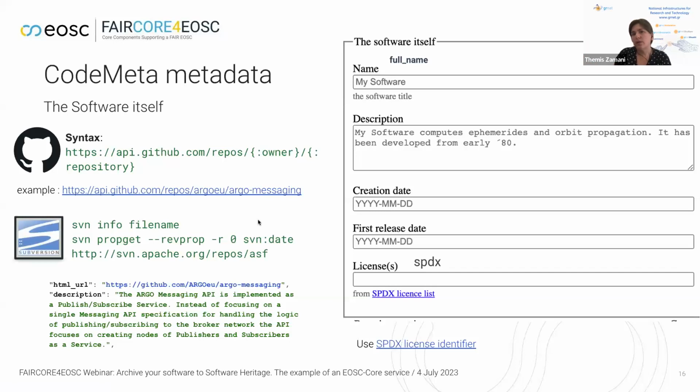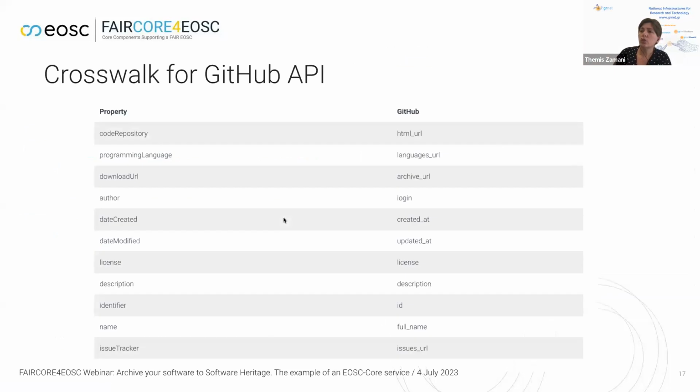Apart from the form, there are also some API endpoints from GitHub and Subversion that can easily help you find the information you have already defined in the repositories, so that it can be used for CodeMeta or for machine readable APIs and actions.